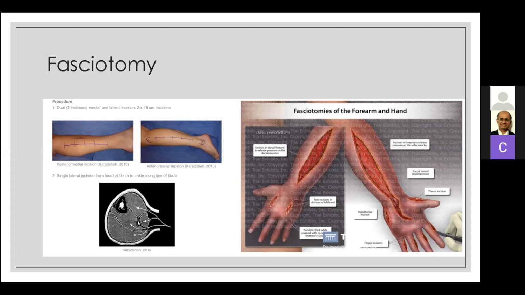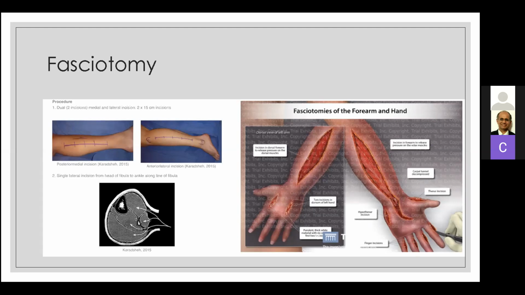So you do a posterior medial incision, as well as an anterior lateral incision. And then there's the single incision that has also been described, where you do it laterally from the fibula up to the ankle.